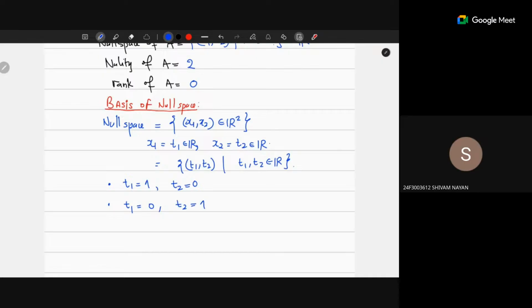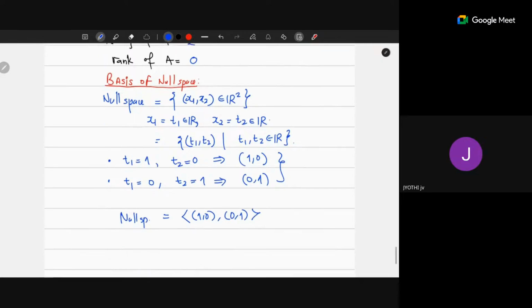If you take T1 equal to 1 and T2 equal to 0, you will get 1 comma 0, and in the second case you will get 0 comma 1. So they will be the basis of the null space. So it is 1 comma 0 and 0 comma 1. This is the basis of the null space.